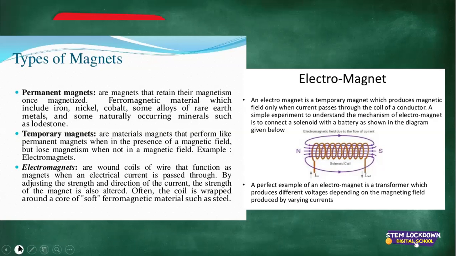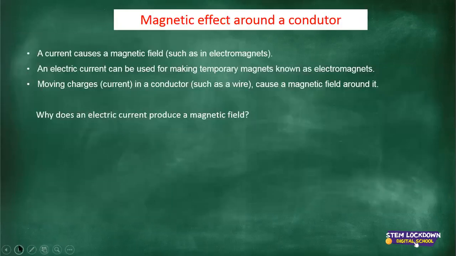We're going to move on to the next slide, and we're going to discuss the magnetic effect around a conductor. A current causes a magnetic field. We know that when a current passes through, it causes a magnetic field, such as in an electromagnet. An electric current can be used for making temporary magnets.